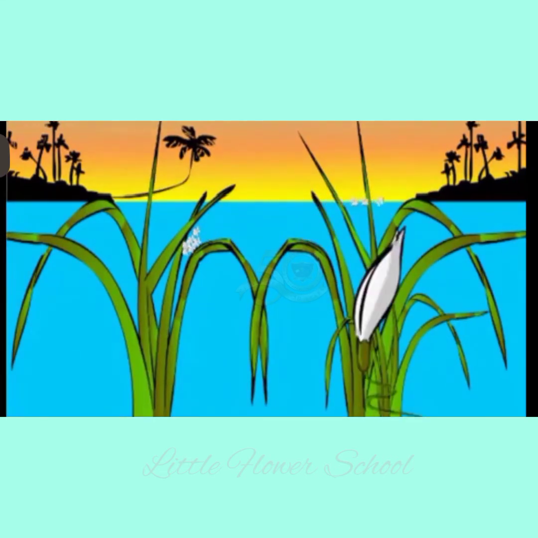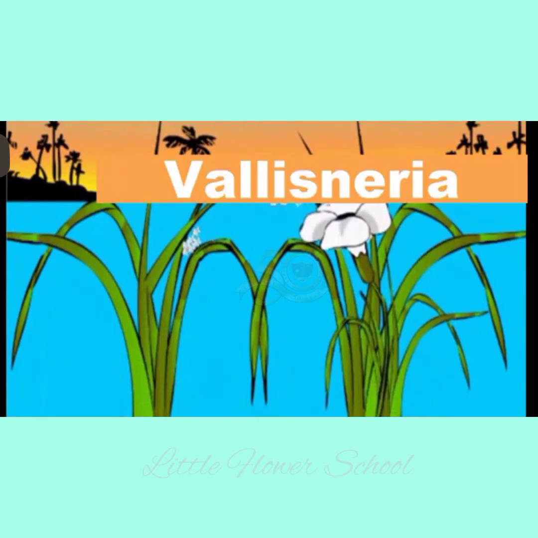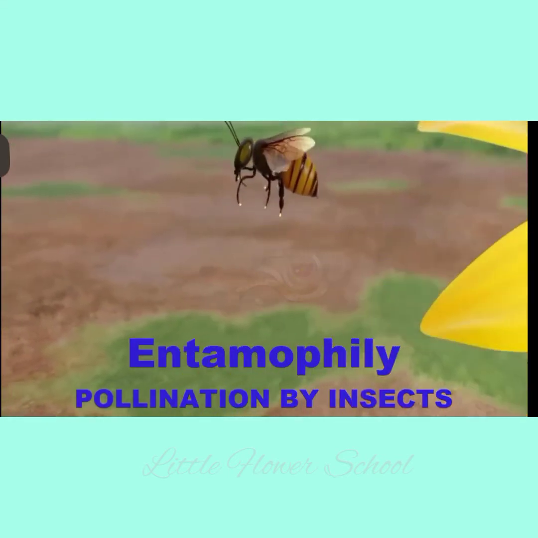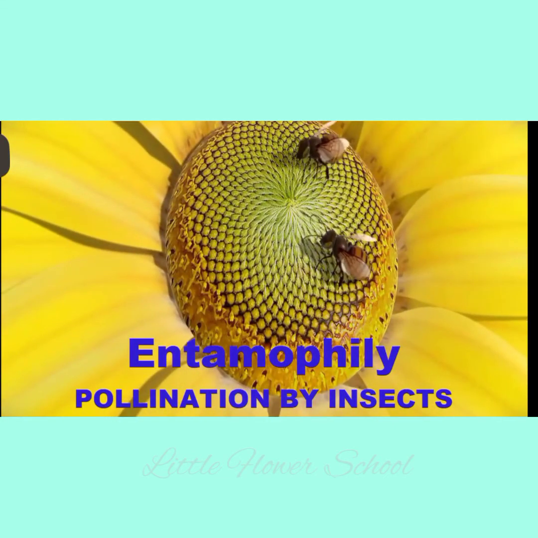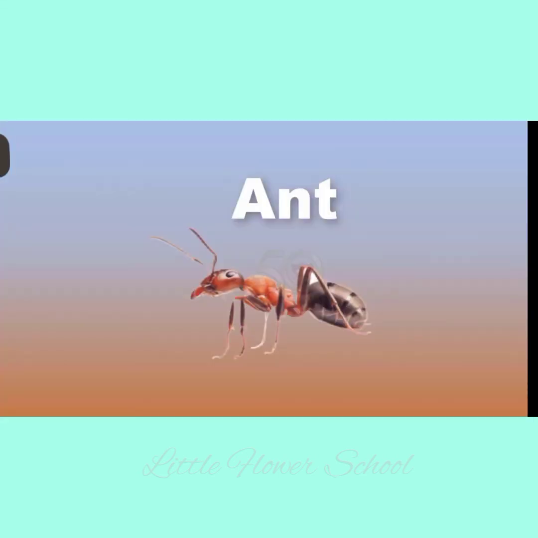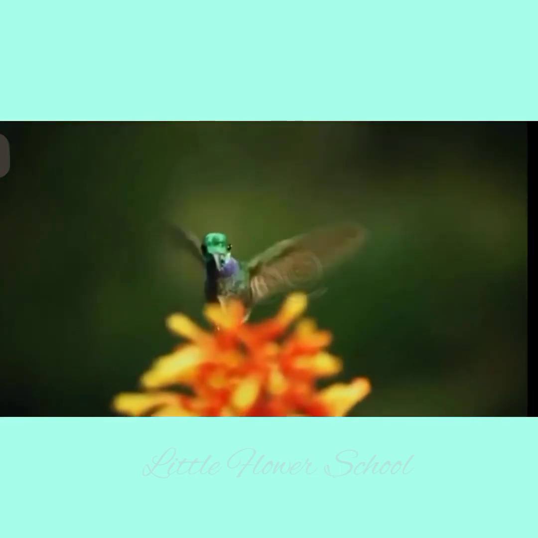They have mucilaginous covered pollen grains in plants like Vallisneria, Hydrilla, entomophily, pollination by insects. While collecting honey from one flower to another, the legs of honeybee are dusted with pollen grains or transferred to another flower. The ovule undergoes fertilization and becomes seed. Hummingbird, ants, bats carry out the pollination of plants in similar way.